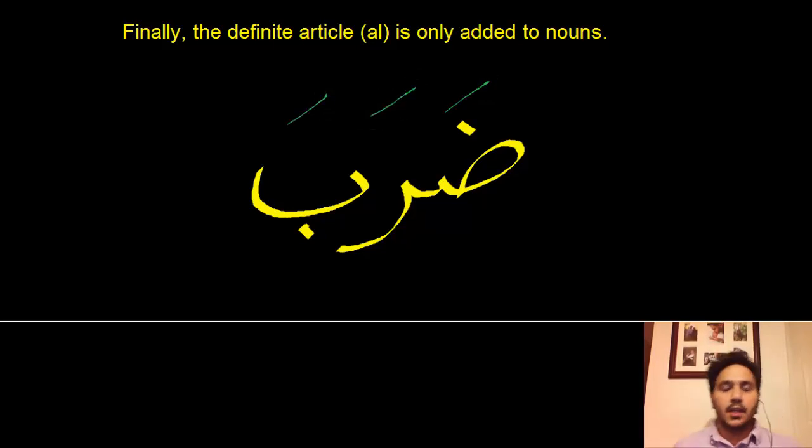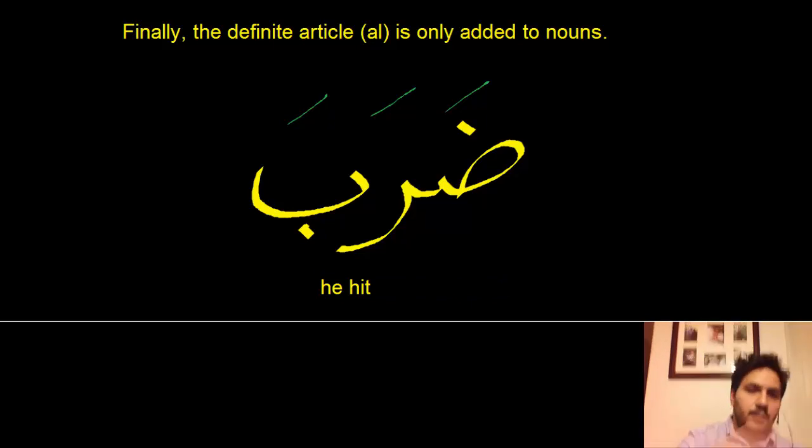Daraba. He hit. Okay? He hit. It's a past tense verb. And let's say I add al-ta'rif to it. Just before I do that, let us write in English, he hit. That's what this word means. It's a past tense verb.